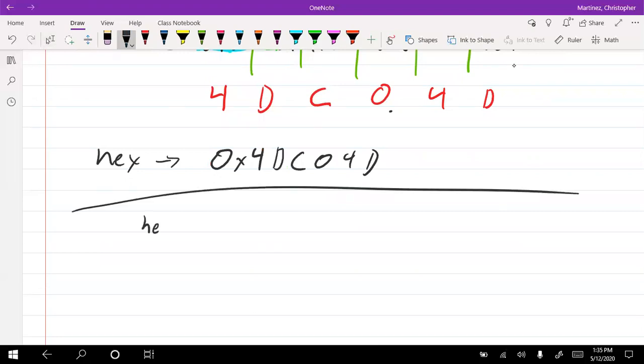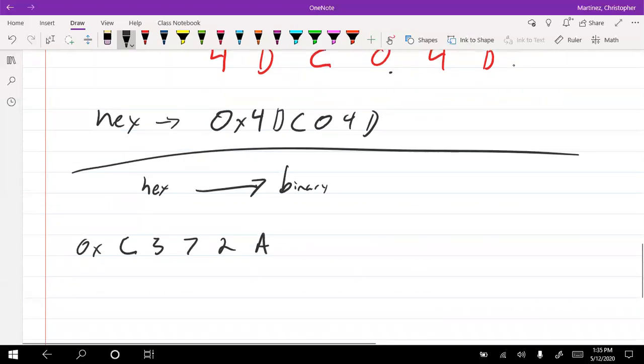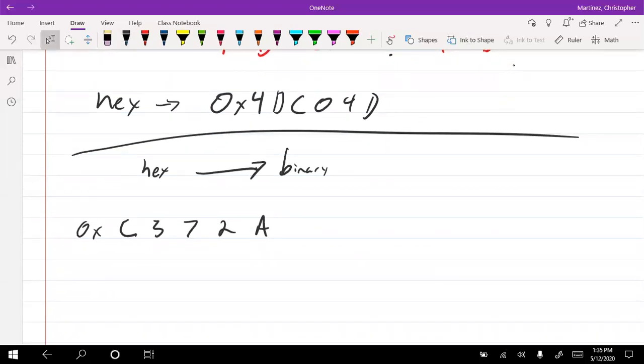Let's say I have a hex number and I want to change it into binary. All right, so let's say the hex number I have is C372A. To do this, I'm going to take C. I'm going to use blue here. It's made up of 4 bits.